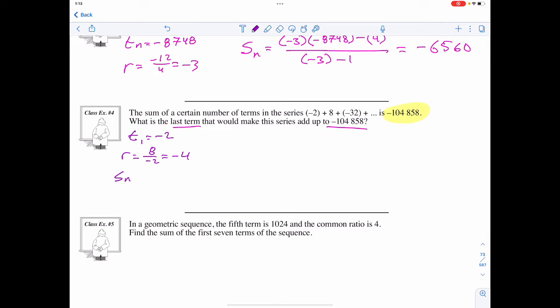I know the sum of however many terms is -104,858, and I'm trying to solve for what my Tn is.